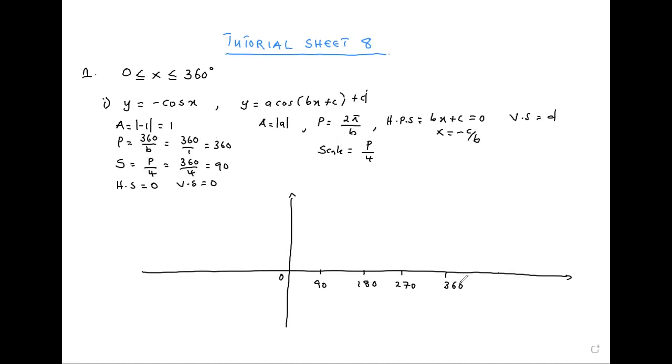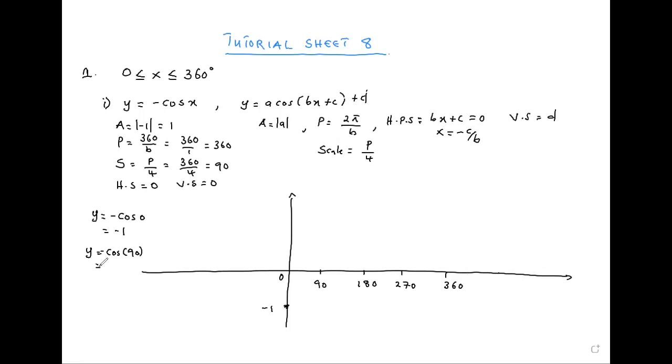After having these numbers now, we go back to our function and solve what is negative cos 0. Remember, cos 0 is 1, so we'll get negative 1. So we'll have negative 1 at this point. Again, what is y when x is 90?